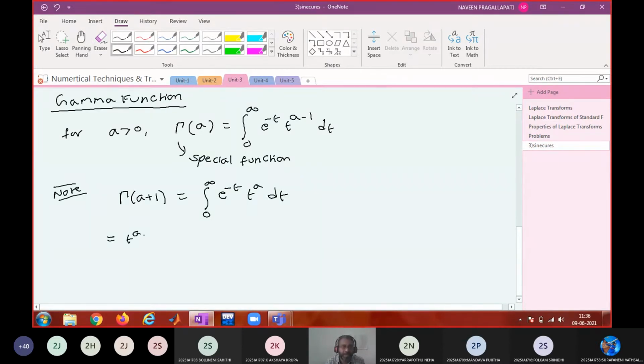So t power a into the integral of e power minus t, which is minus e power minus t, with the limits from 0 to infinity, because it is a definite integral, minus the integral of minus e power minus t times the derivative of t power a, which is a into t power a minus 1 dt.